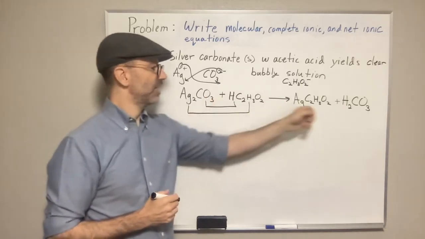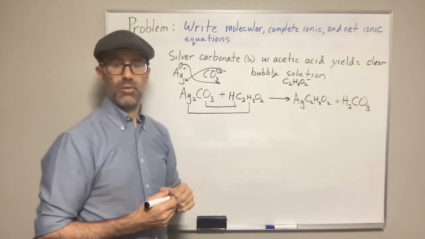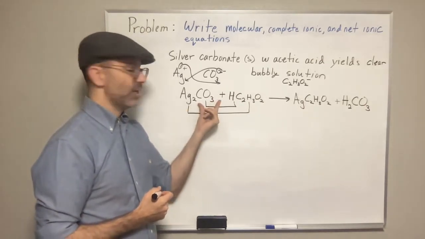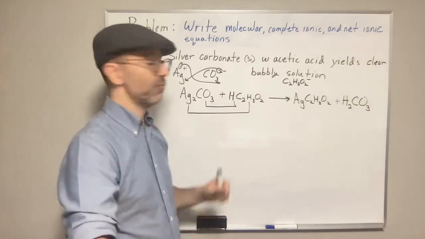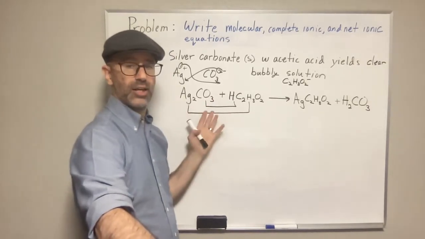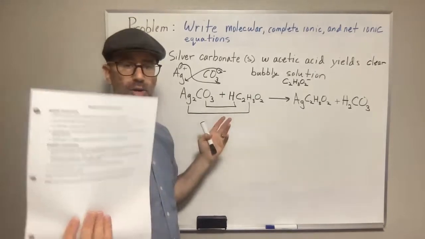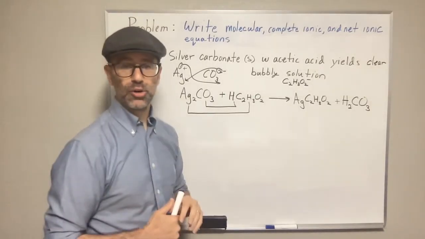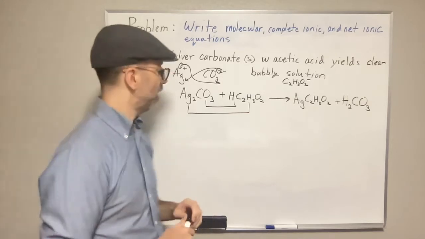So now that I have my products and reactants, I need to balance the equation, and I need to figure out what the states of matter are. So here I have silver carbonate. In order to figure out whether this is solid or aqueous, we need our solubility rules. You probably have one from your teacher, or you could easily find one on the internet.